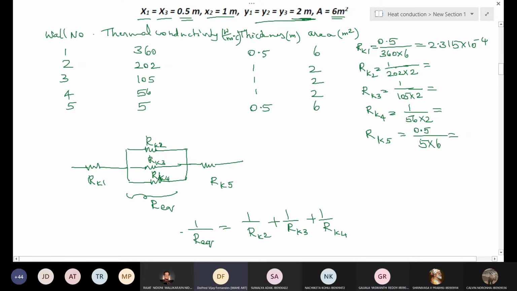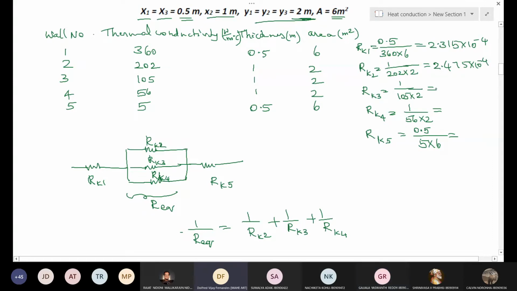No, I think, check it. 1 by 202 into 2, how much? 1 by 404 is equal to 0.00247. 2.475.